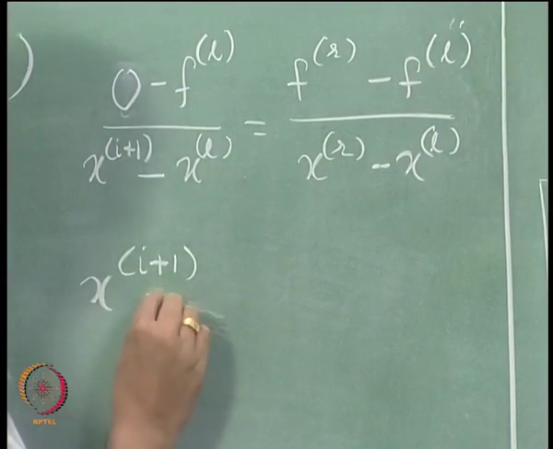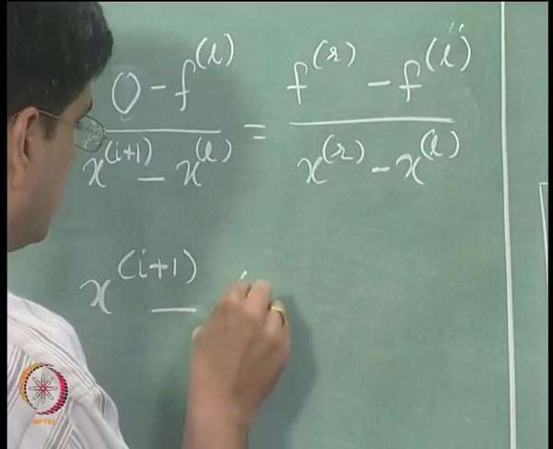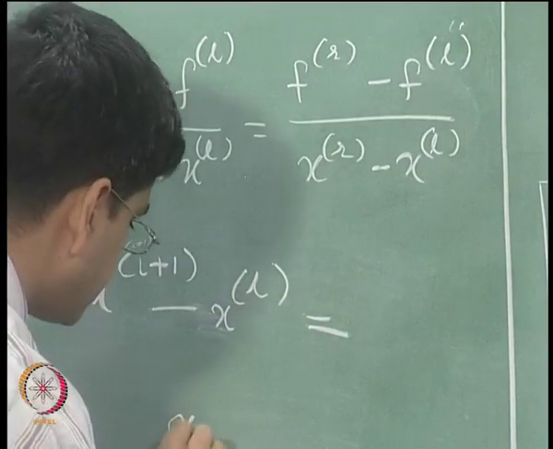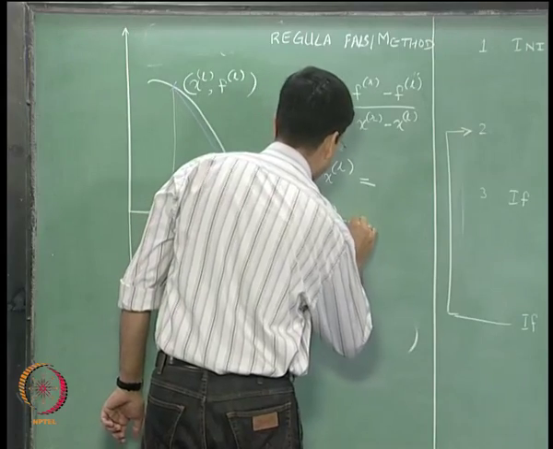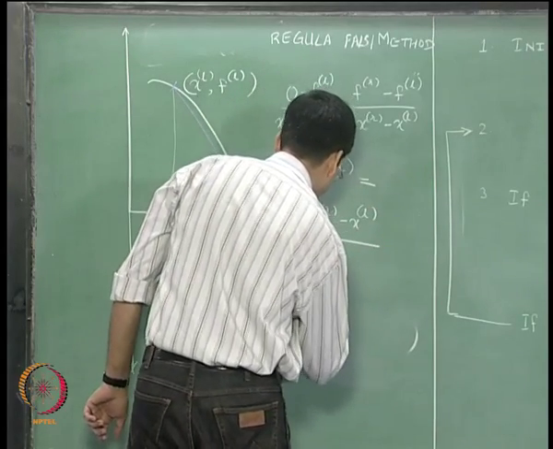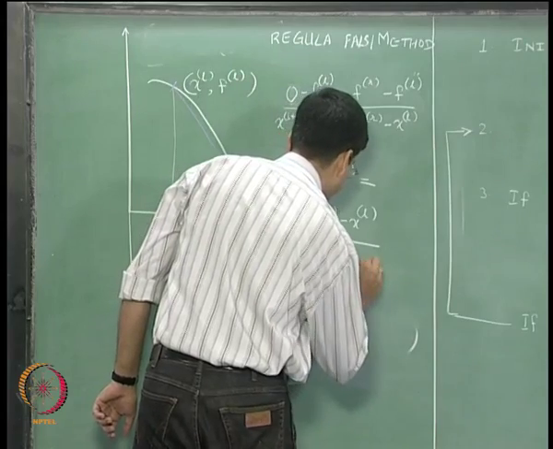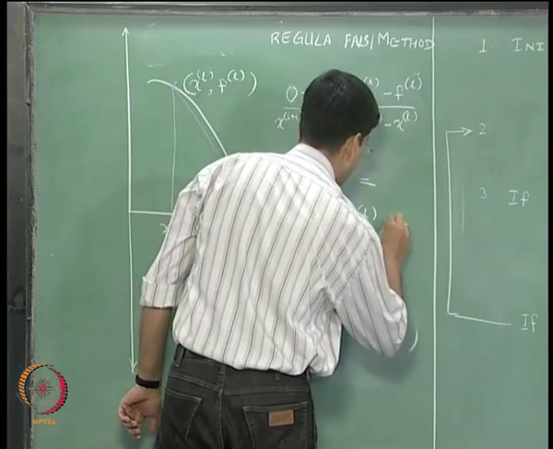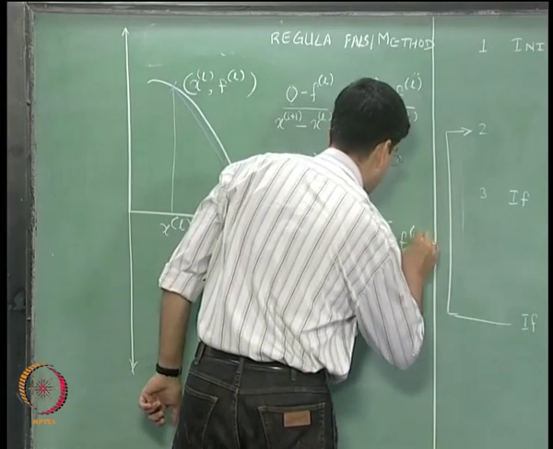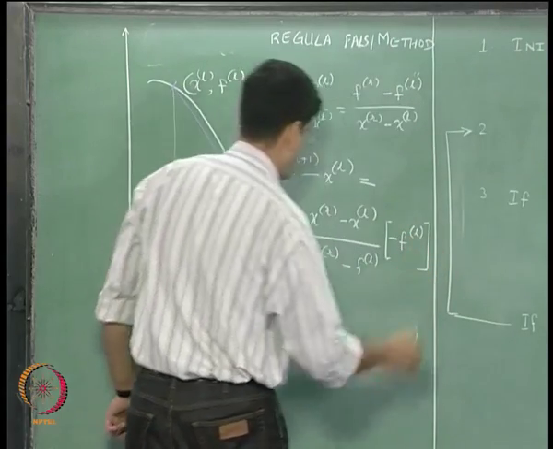So we will have x_{i+1} minus x_l equal to (x_r minus x_l) divided by (f_r minus f_l) multiplied by minus f_l.